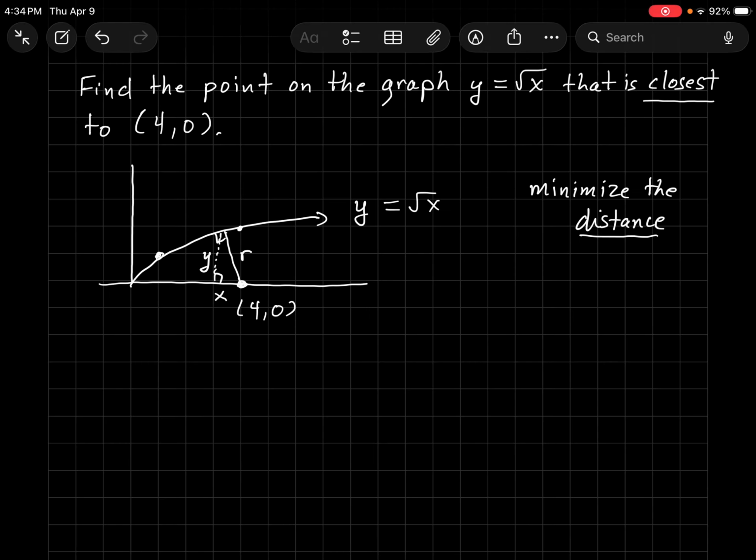When I'm labeling something and I have axes, x has to be the distance from the y-axis to wherever I'm trying to go. This case right there. Just like y has to be the distance from the x-axis to wherever I'm trying to go. So we shouldn't label this part x, but instead 4 minus x. Do you see why?